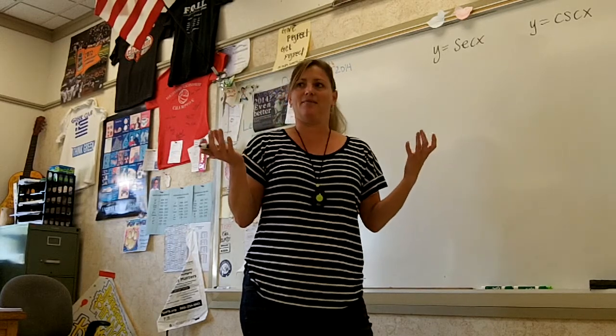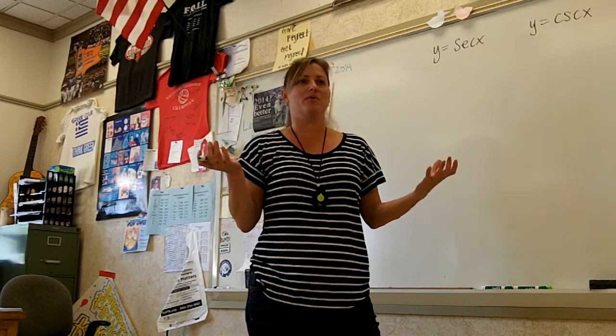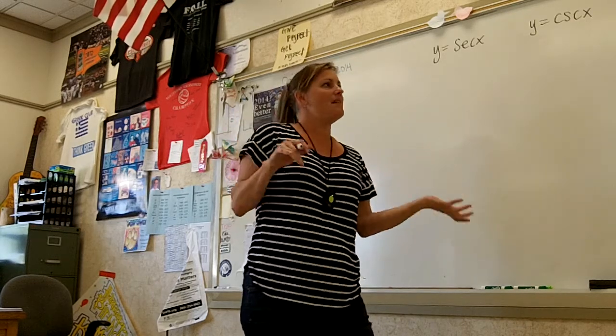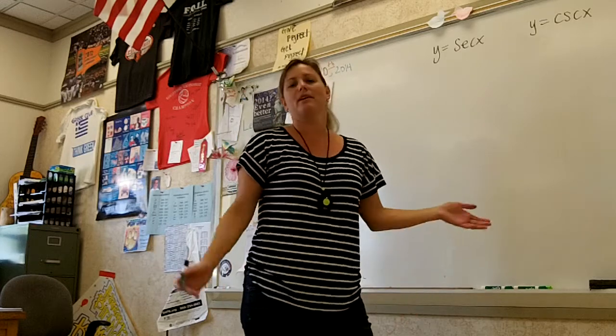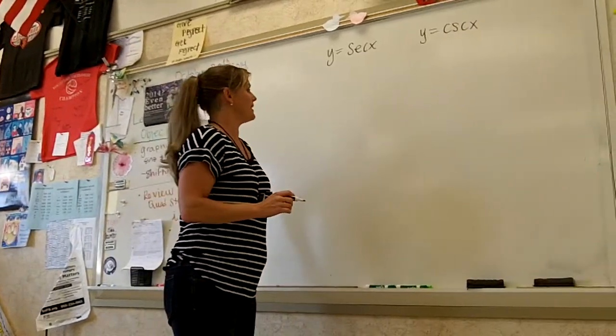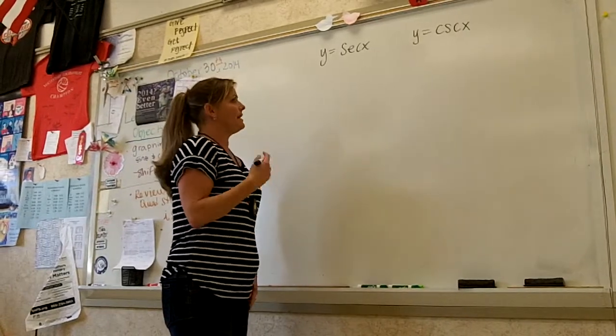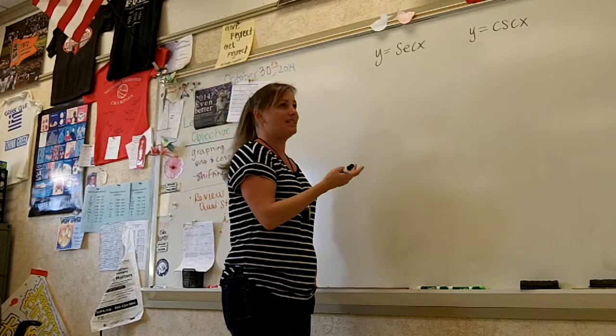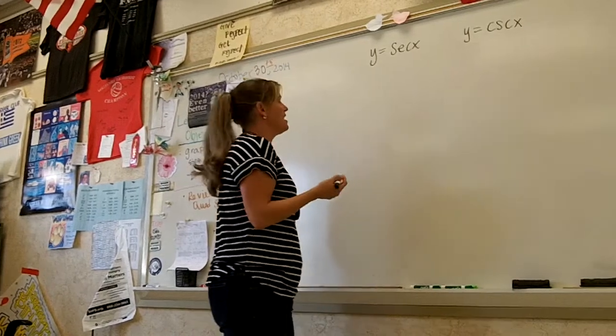Oh my gosh, what is that? It's so weird. Maybe you already played around with it a little bit over the weekend because you knew what was coming. But let's figure out how to do it by hand, because these are just as easy as graphing sine and cosine.